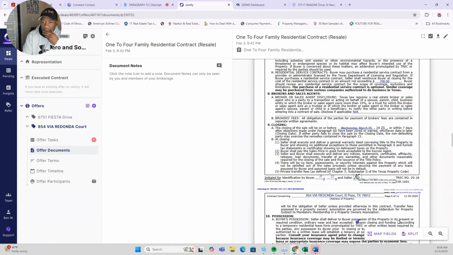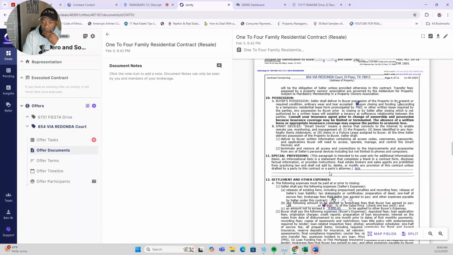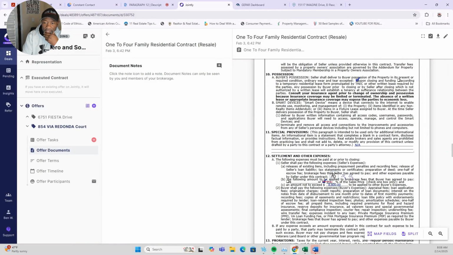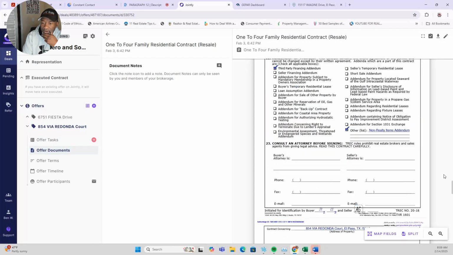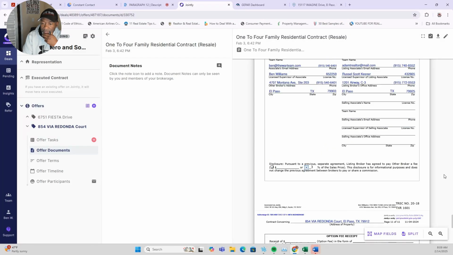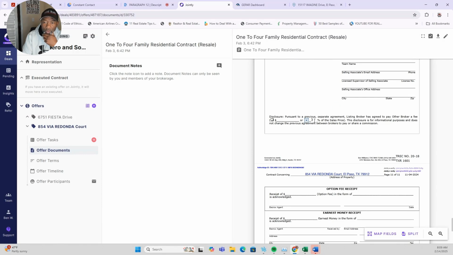on paragraph 12, we negotiated 3%. It changed from 2.5% to 3%, right? And it should have been reflected down in paragraph 10 of the 3% there, right?